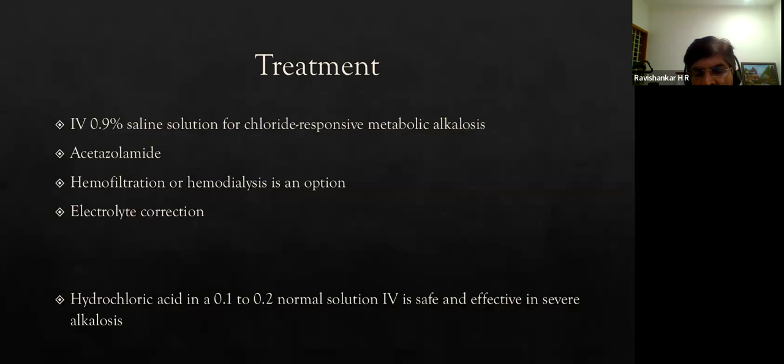Hardly ever. Yes, sir. I think mainly fluid electrolyte balance. You have to correct the fluid electrolyte balance. And in the worst case scenario, you do dialysis. That is the best treatment. I've never seen hydrochloric acid being infused. But again, this is something you have to discuss with the intensivist and see if they have used it anytime, because metabolic alkalosis is quite a common condition.